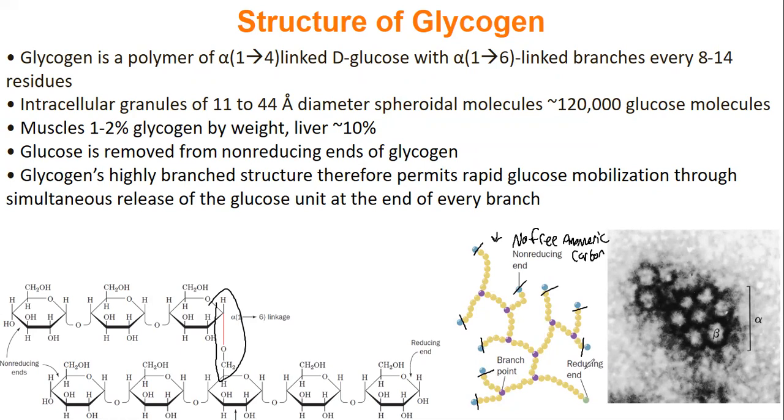So please treat your liver right. Don't drink too much. Don't eat too much sugar. Your liver is incredibly important for glycolysis. And the last 2 points here just repeat what I've already said about non-reducing ends.